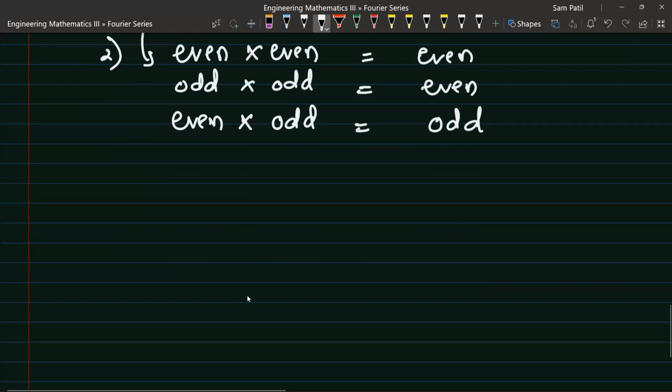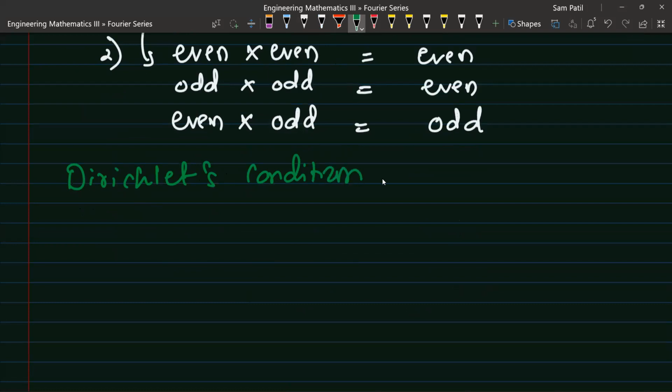One more property is there: Dirichlet's condition. This is something abstract, but let me explain it in short, because our definition depends on all this concept.